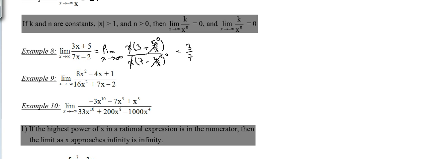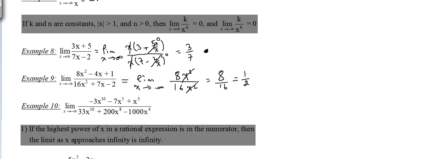So directly we can, let's see example 9, we can take the limit as x tends to negative infinity, as if it's only, we don't have to do the same thing each time we do limits as x tends to infinity. We can directly, instead of factorizing, take 8x squared over 16x squared, x squared cancels, so what is left is 8 over 16, divided by 8, it will be 1 over 2.